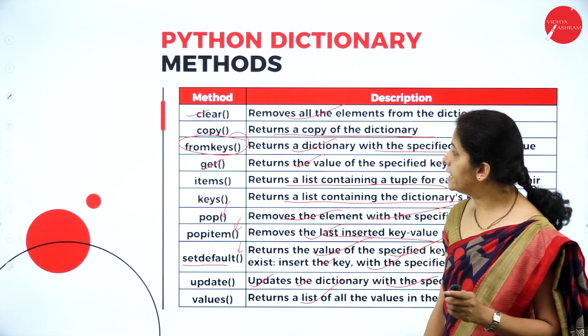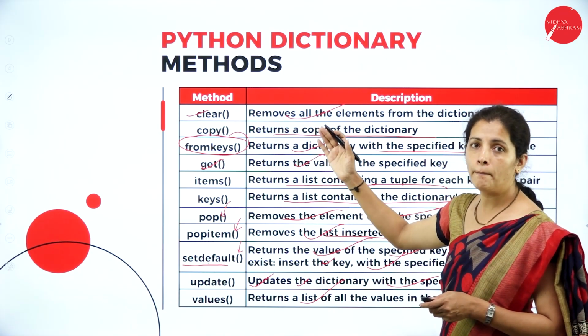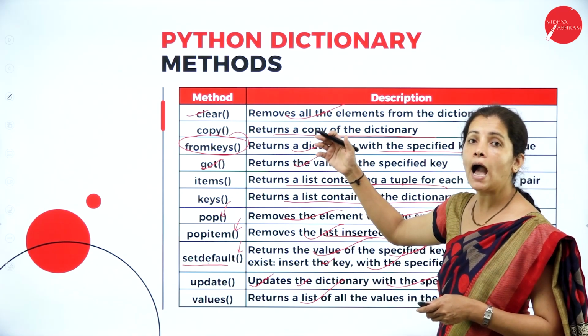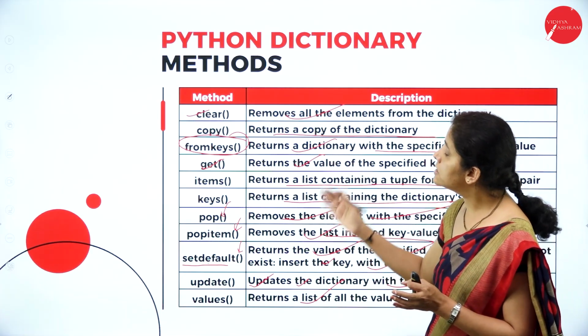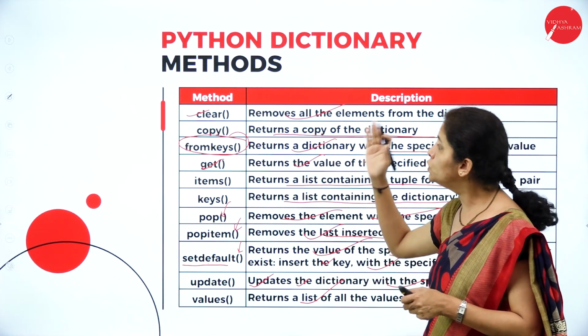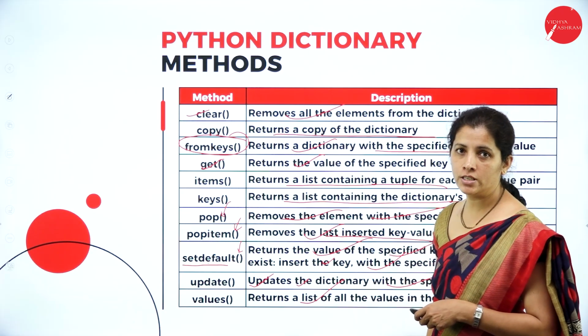Okay, so dear student, these are certain methods used in Python to create, remove and access a dictionary. These are the methods supported by Python to perform all the dictionary operations.